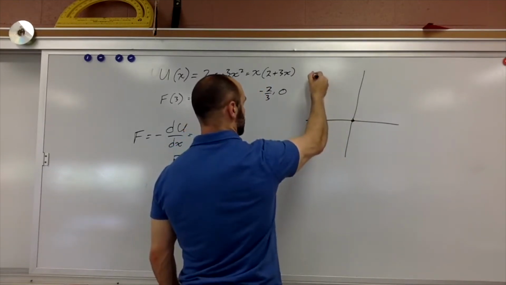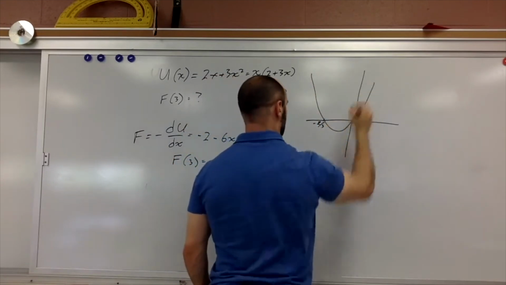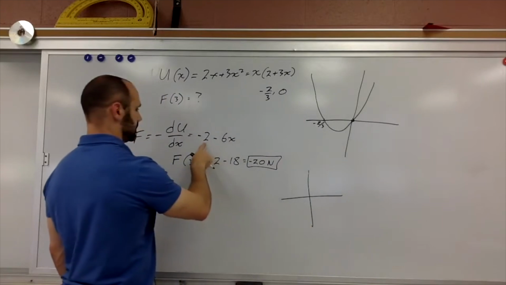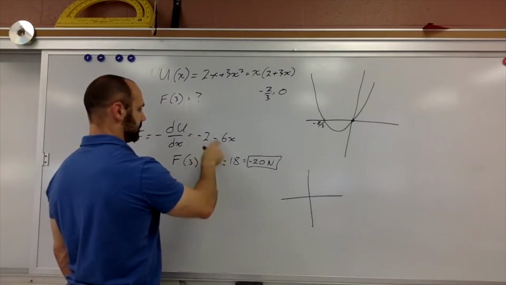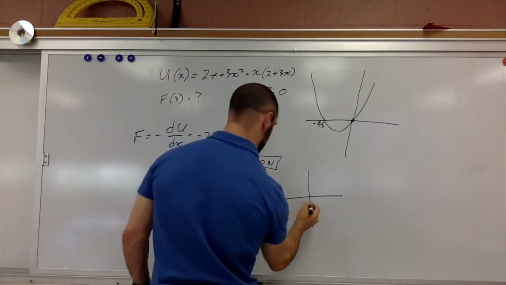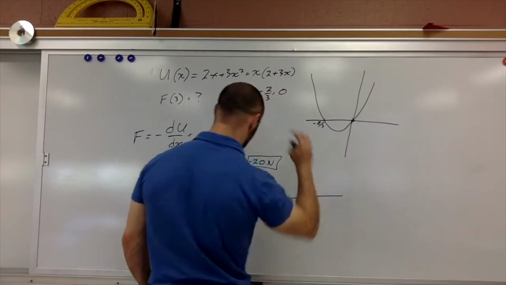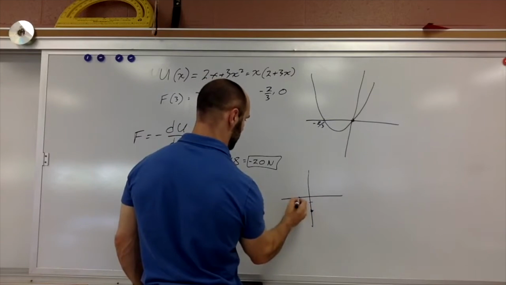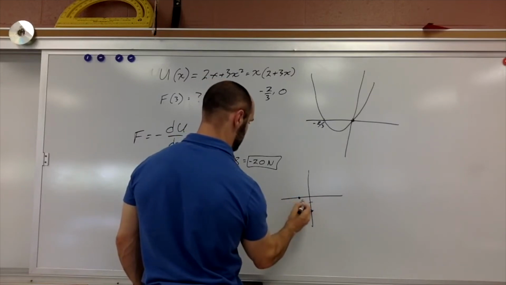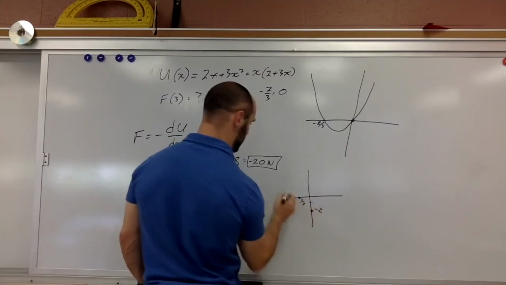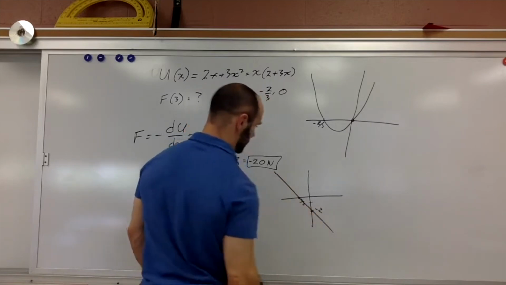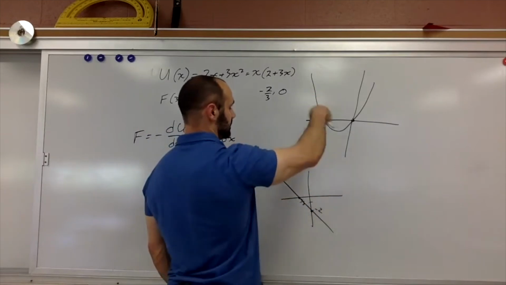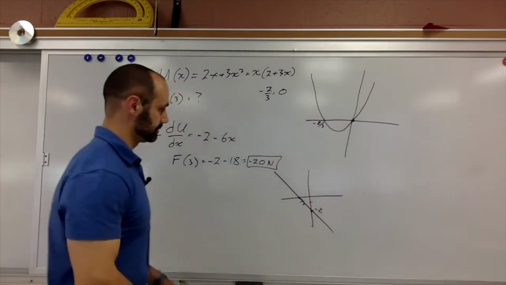And so this is going to look like this. And then for the force graph, here I've got a y-intercept of negative 2 and a slope of negative 6. So 1, 2, that's like that. And then this is going to be reaching 0 around negative 1/3, this negative 2, and it's linear. So it looks like that. This is the negative derivative of that function.